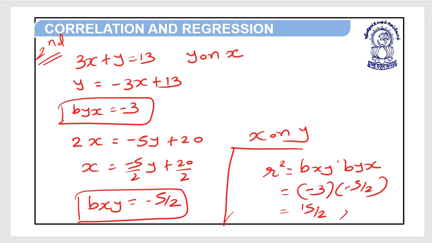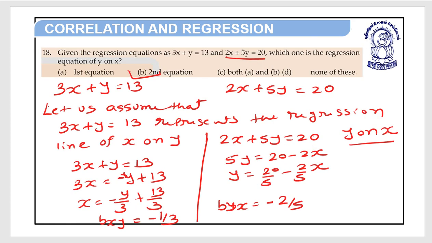So it is not satisfying the condition r square less than or equal to 1. Okay. So y on x, 3x plus y is equal to 13, is not true. So only one option is there, B, the second equation. Okay. So option B is the right answer.